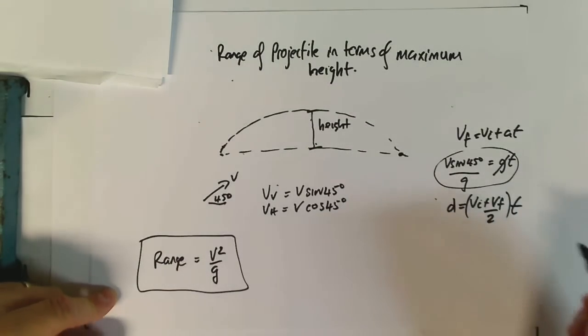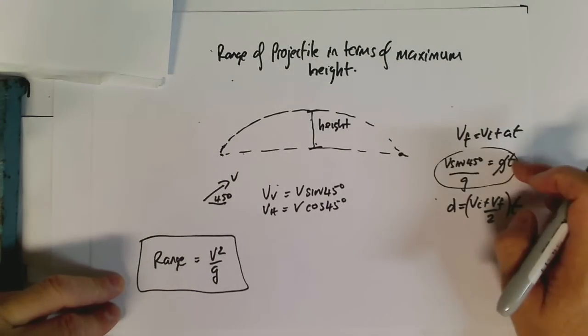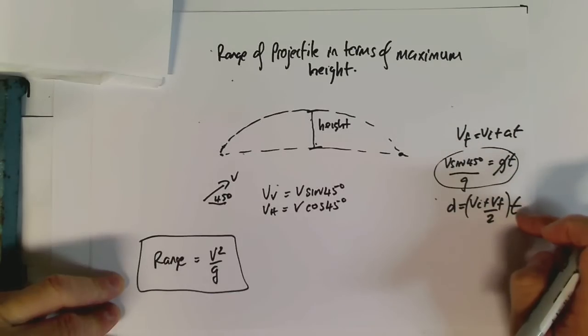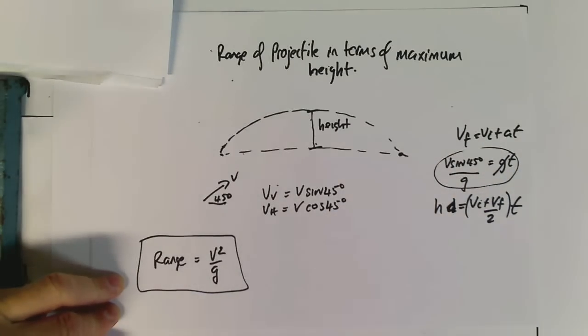So always keep those things in your head when you're doing these projectile problems. Which one are you working on, the horizontal or the vertical? So now we've got a time to maximum height. We just want the distance to maximum height. So I'll use an h instead of that d. H for height.